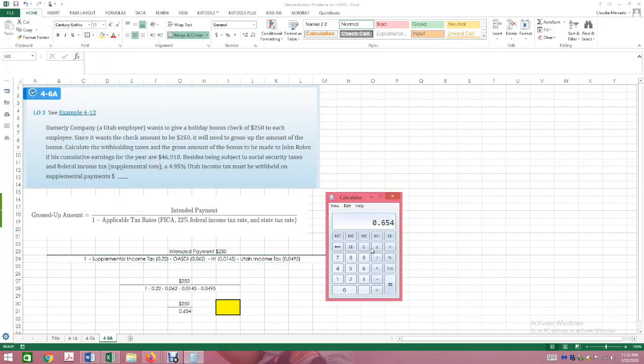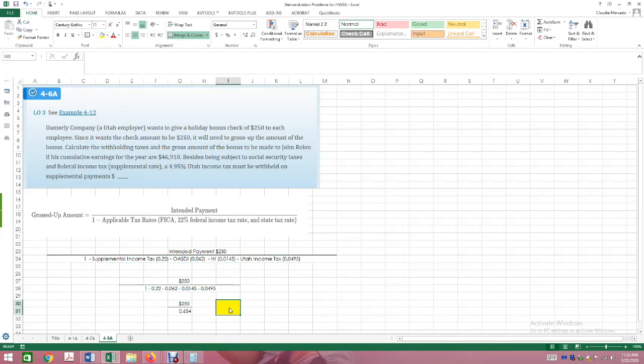Let's see what that gives you. 250 divided by 0.654 is 382.26. This is the amount that I need to pay my employees for their bonus, $382.26.